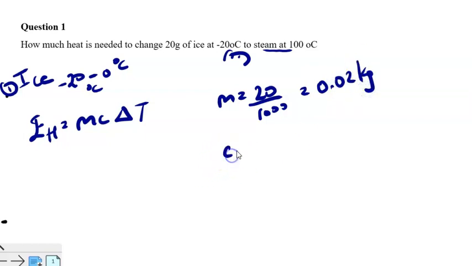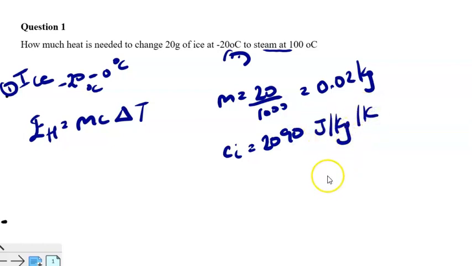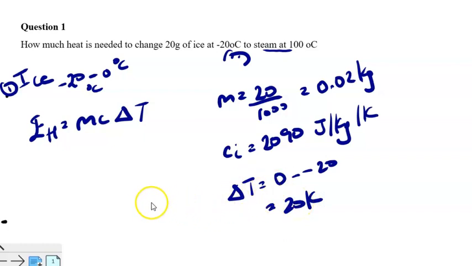We have our specific heat capacity of ice as being 2090 joules per kilogram per Kelvin. And what else do we know? Our change in temperature, 0 to minus 20, will give us 20 kelvins. We don't want a negative energy, so we want that to be a positive number, nevertheless.